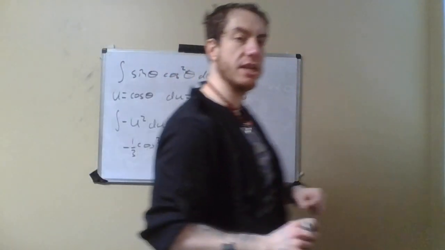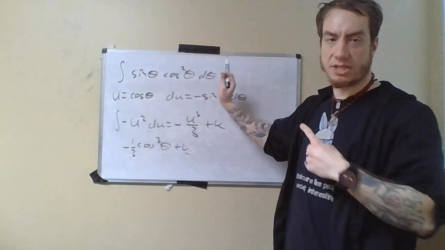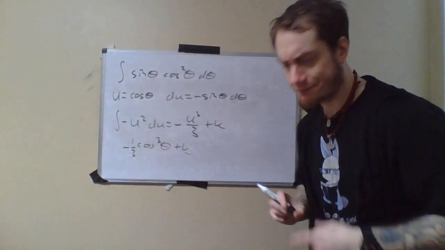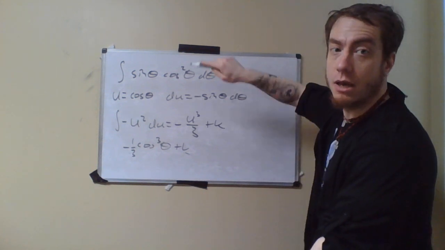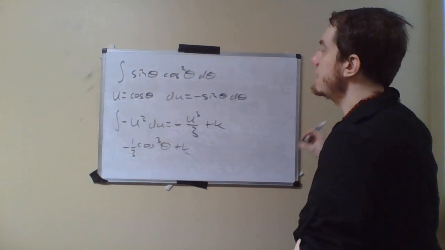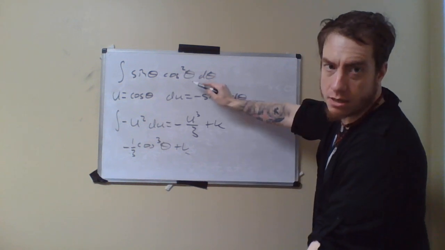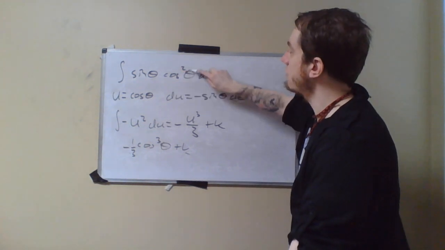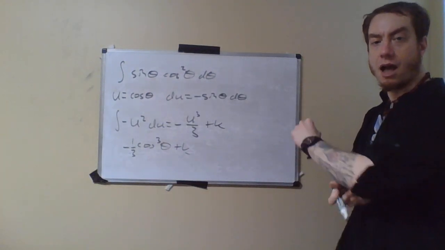It's just that I'm using the opposite kind of substitution. I took my u to be cosine theta instead. Okay, so this technique will generalize to a whole family of integrals. Anything that involves a power of sine with one cosine, or anything that involves a power of cosine with one sine, I can use this trick and I'm all set.